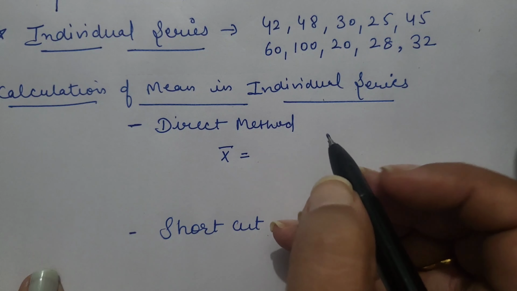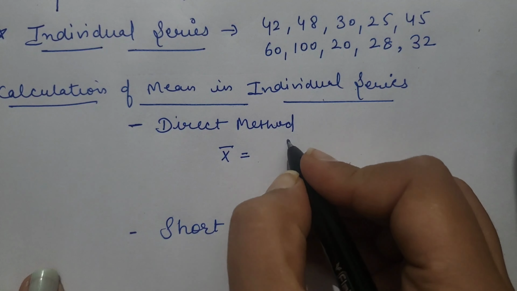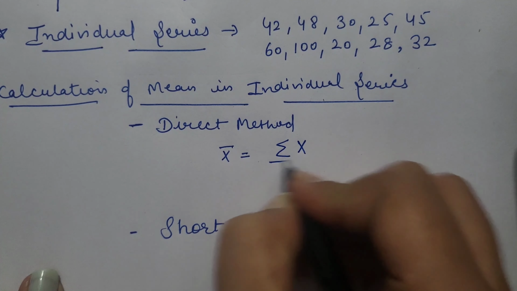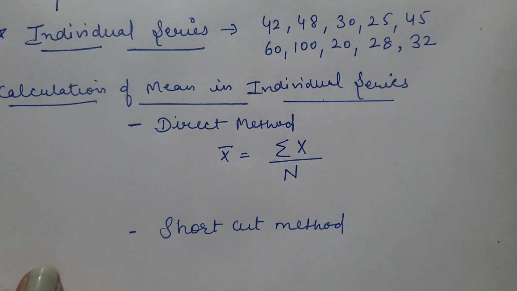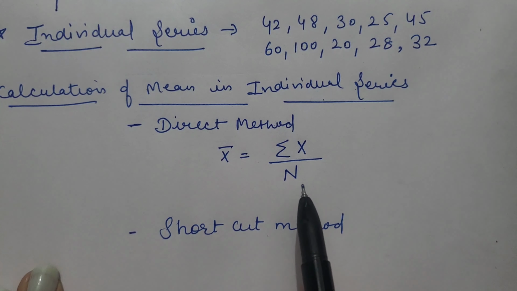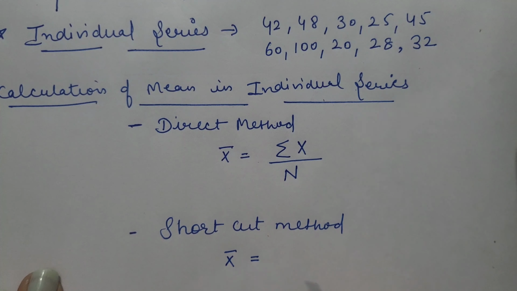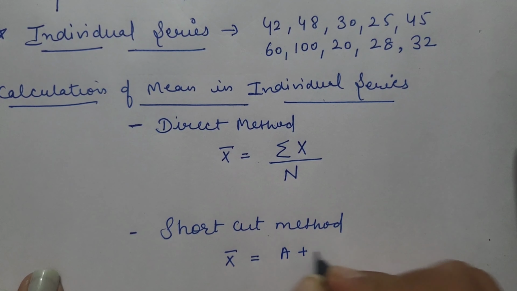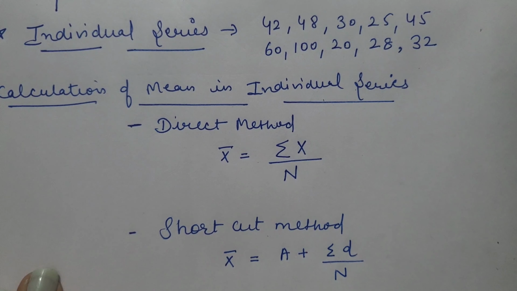Means whatever your data is, you add it, sum it. Summation of values divided by number of values. The basic formula which we used in lower classes, sum of all observations divided by number of all observations. And according to shortcut method, mean can be calculated by A plus summation D upon N.